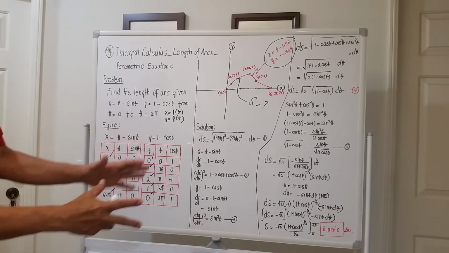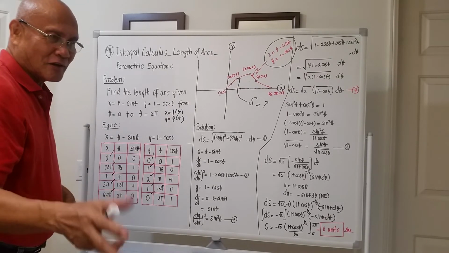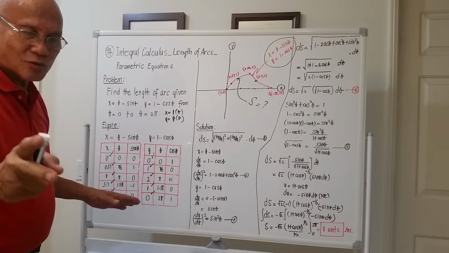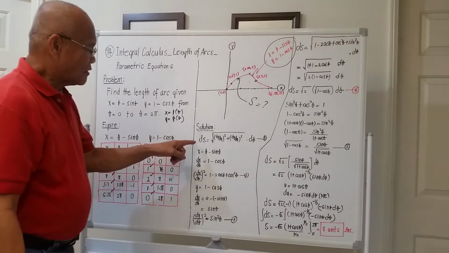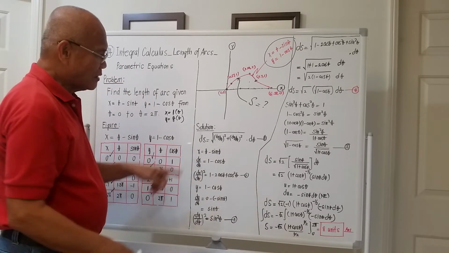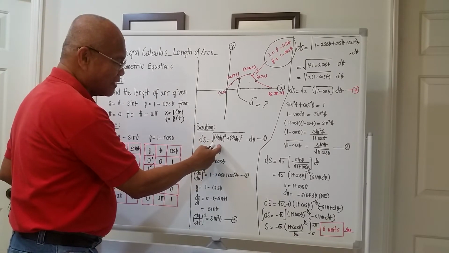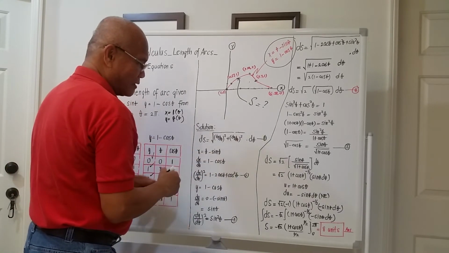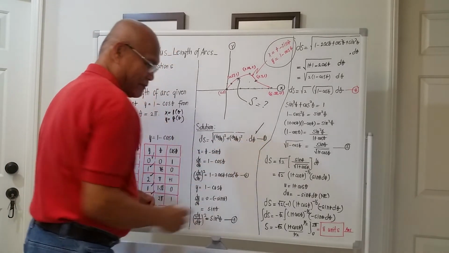So if we try to bring back the differential equation for parametric equation, I think I've given you this one the last time around. Differential length of arc under parametric equation is the square root of the quantity dx over d theta squared plus the quantity dy over d theta squared, times d theta.